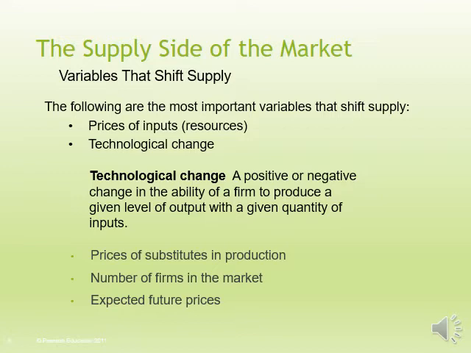So that would lead to a change in the supply. There would be an increase in supply if there is an expectation the future price is going to be lower. There will be a decrease in supply if the future price is expected to be higher. Now, if none of that's clear to you, we're going to look at examples as we go on.